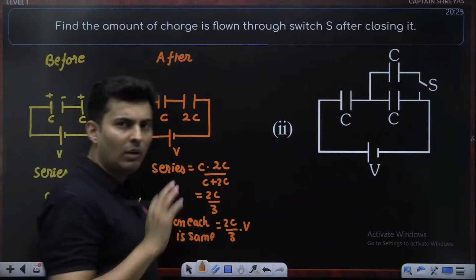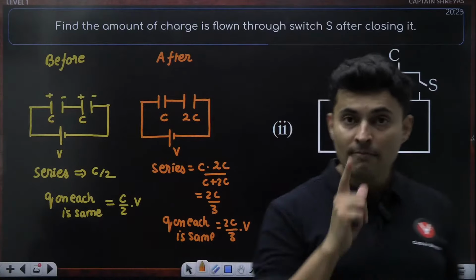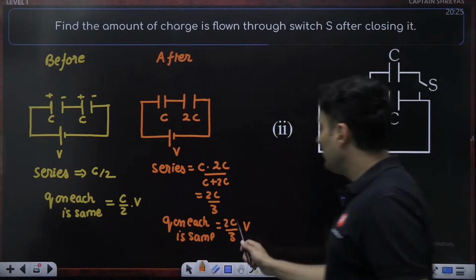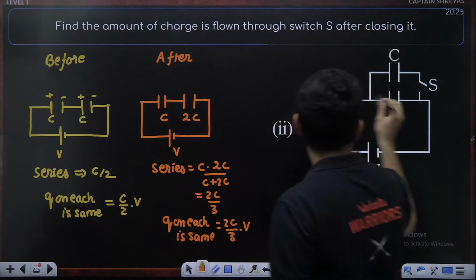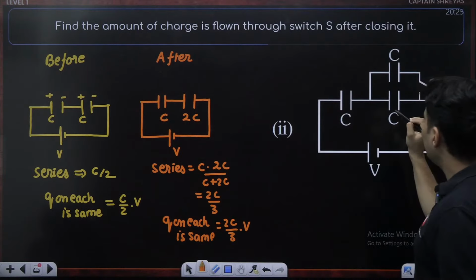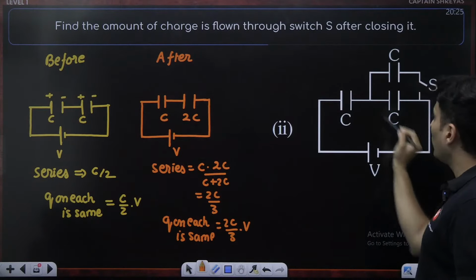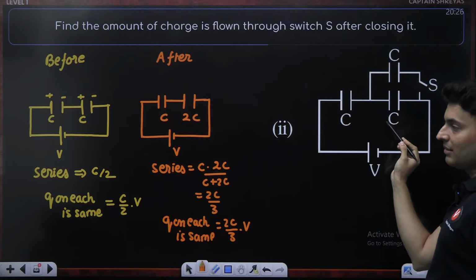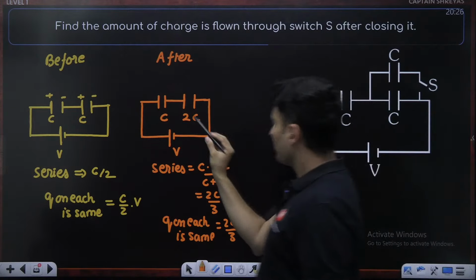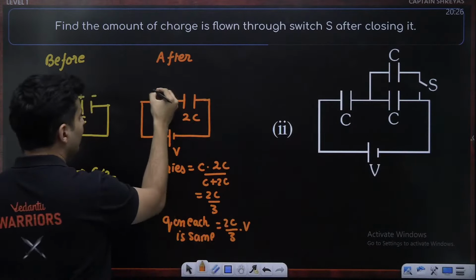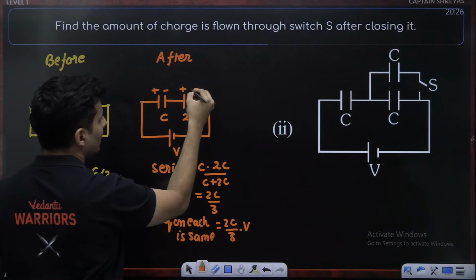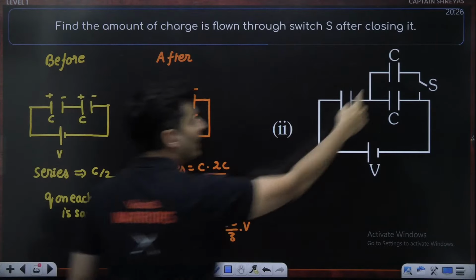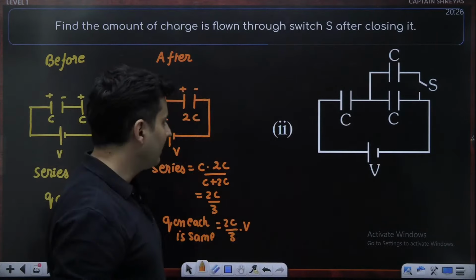Be careful. This 2CV by 3 won't be on this or this. It is the total charge on both the capacitors. 2CV by 3 will be here, and will be also here. But this 2C is the equivalent of these two. Do not forget that.